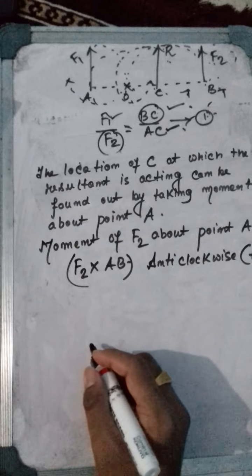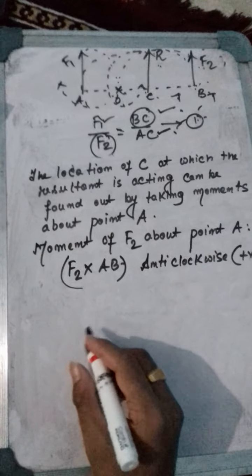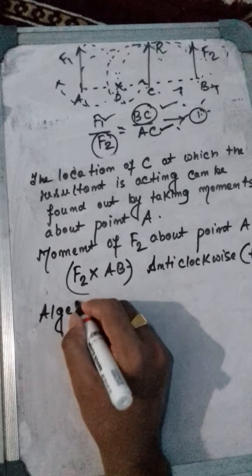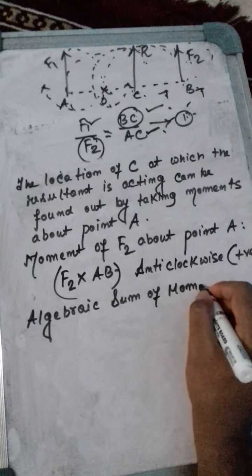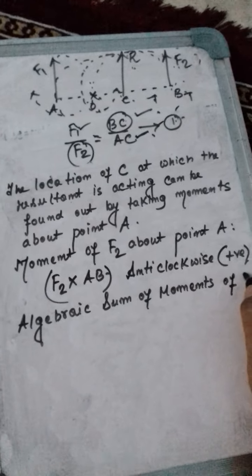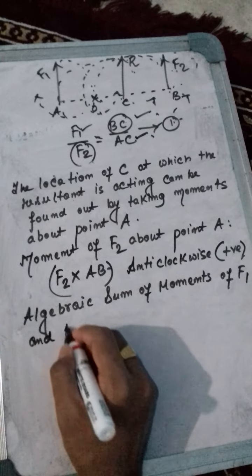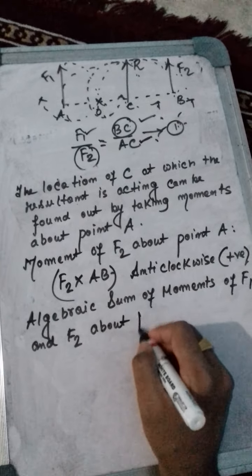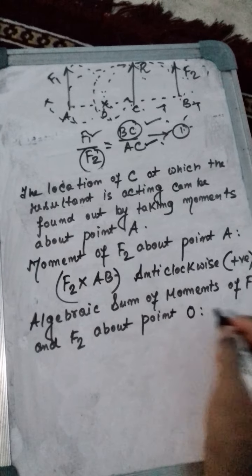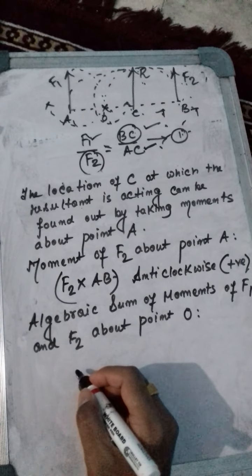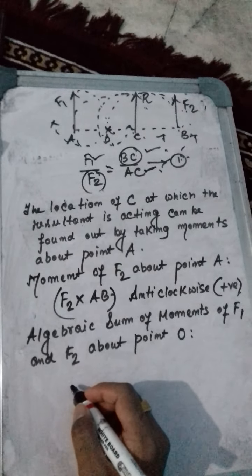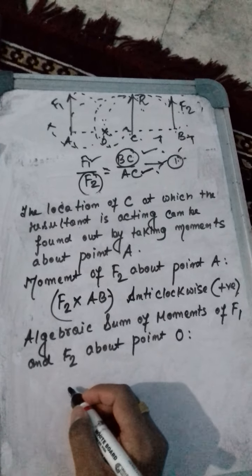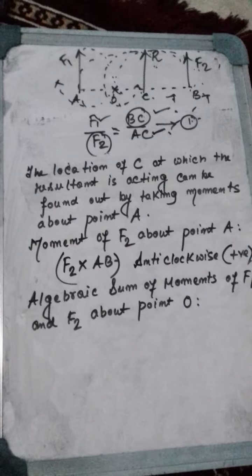You write down the algebraic sum of moment of F1 and F2 about point O. That will be equal to how much you are getting? The moment of R.